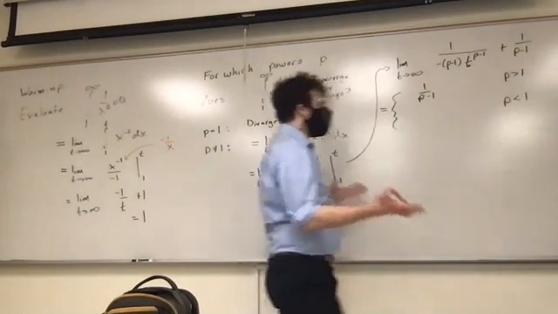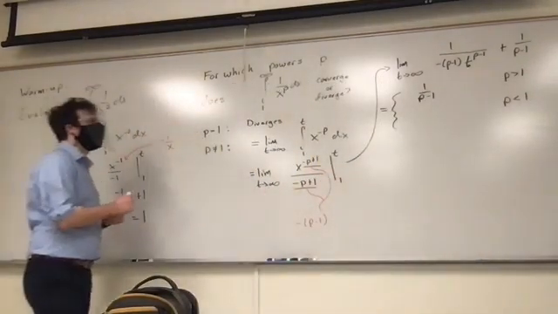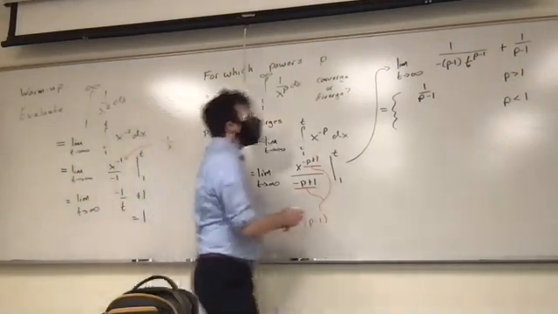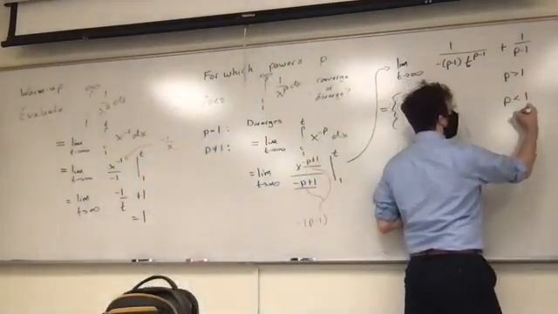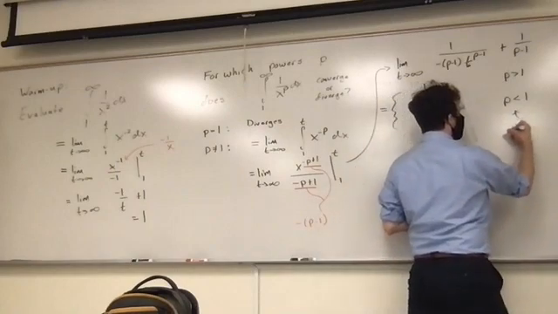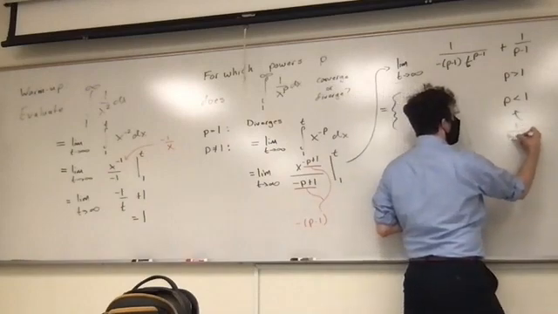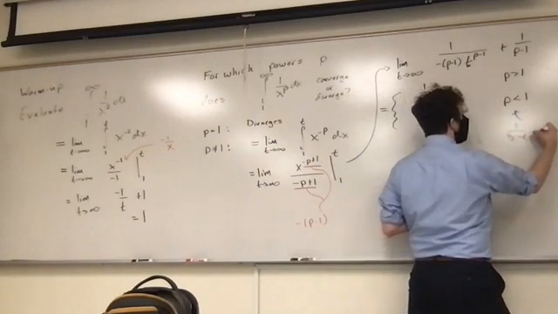If p is less than 1, on the other hand, we're going to have a negative exponent in the bottom. So in this case, our limit would look something like 1 over 1/2 times t to the negative 1/2.